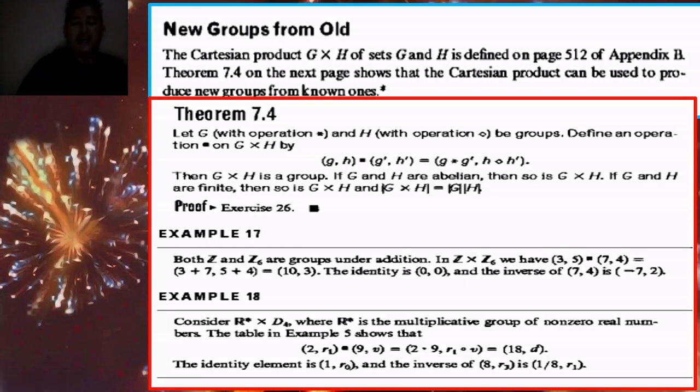Okay class, the identity is (0, 0). Tama? And then the inverse of (7, 4) is (negative 7, 2). Diba? Kaya ang inverse ni 7 kay negative 7 sa Z. And then ang inverse ni 4 kay 2, kay 4 plus 2 is 0 in Z6.